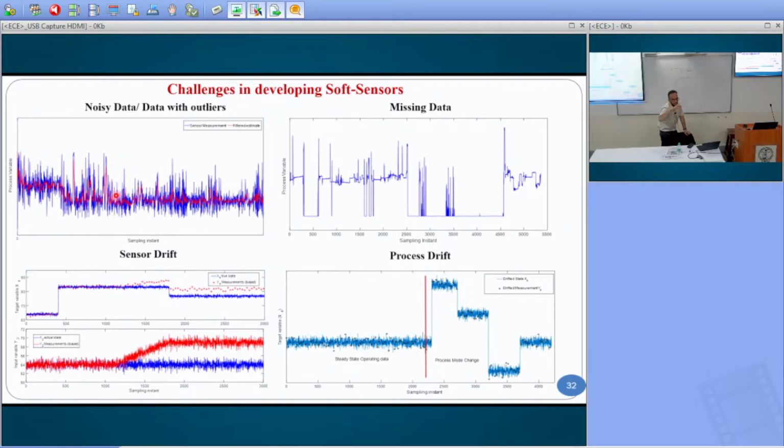If I use that variable directly in my controller, the controller thinks that the variable keeps on changing and the action also keeps on changing. It may open the valve, close the valve, open the valve, close the valve, and the valve gets damaged. The data that you're getting is highly fluctuating, but the actual variable is constant. This is called the sensor noise problem, along with missing data, sensor drift, and process mode changes.